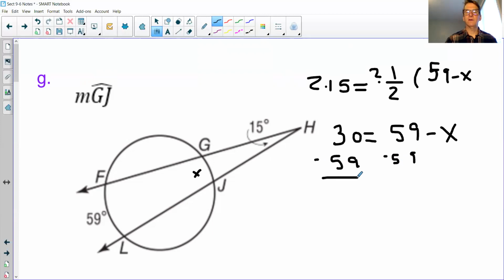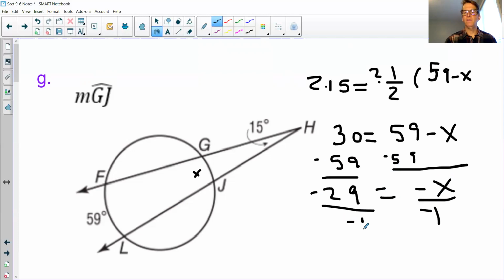You would get negative 29 is equal to the negative of X, and then divide by -1, and you would get X is 29 degrees. So keep a lookout for that, where you're given the angle measure on the outside, and you're looking for one of the arcs.